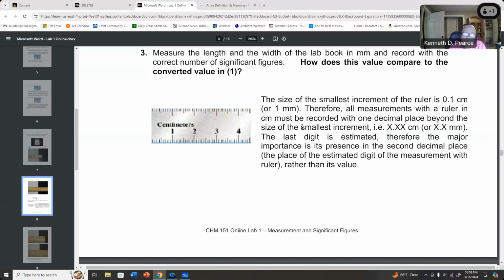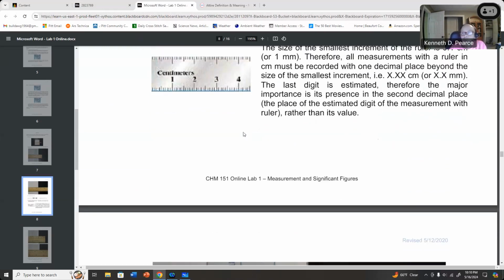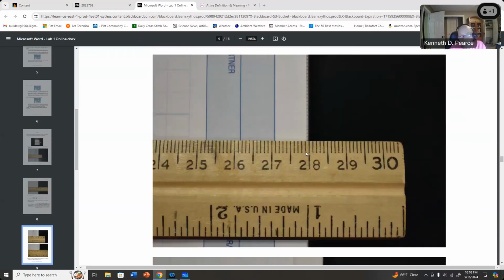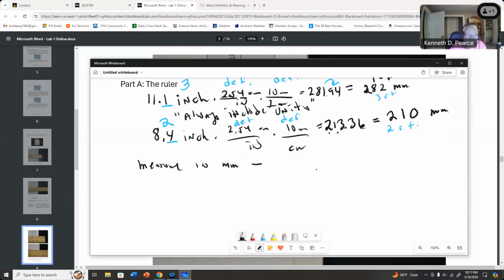You always go out 1 more digit than the smallest increment. So the smallest increment is point whatever centimeters. Well, we can go out 2 because it's at least 27.9 right here, but it's not quite 28. So we say 27.9, 27 point what, 98, 27.98. So we'll put that down there.